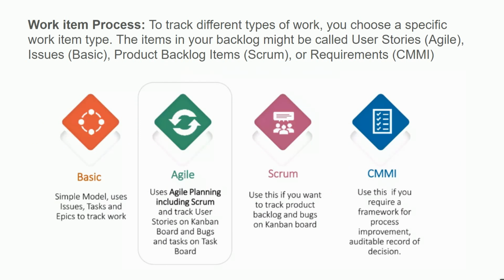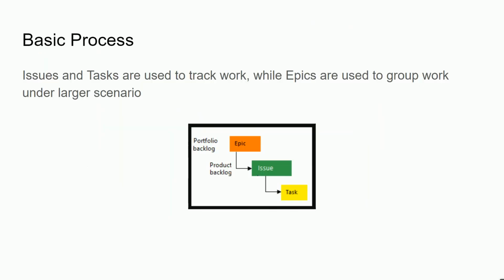Then work item process. To track the different work types, you choose a specific work item process, and your backlog might be user stories for Agile, or basic, or product backlog item for Scrum, and requirement for CMMI. So according to your project requirement, you can choose your work item process. Basic starts with epic, issue, and task.